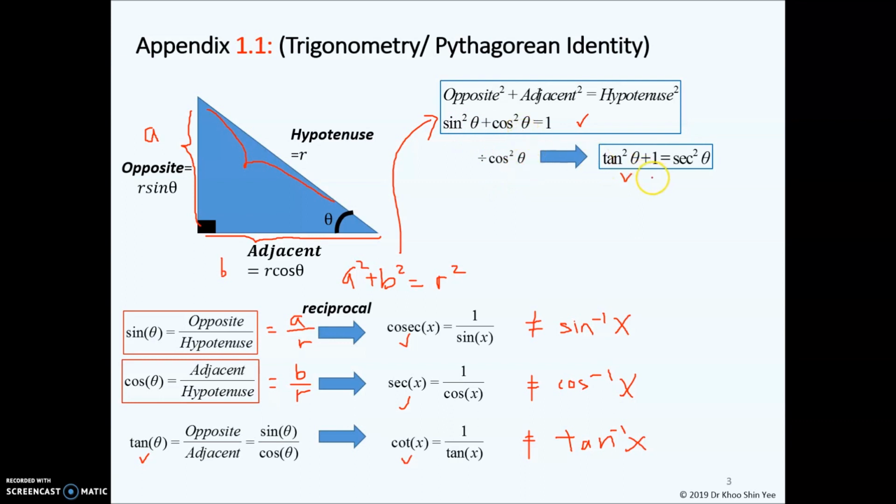Cos divided by cos, you get 1. 1 over cos, you get secant. This is another useful identity that we always use. Lastly, if you divide it with sine square angle, sine divided by sine, you should get 1. Cos over sine is 1 over tangent, which is cotangent. 1 over sine, you get cosecant. So this is the third identity. These three identities you should always remember.